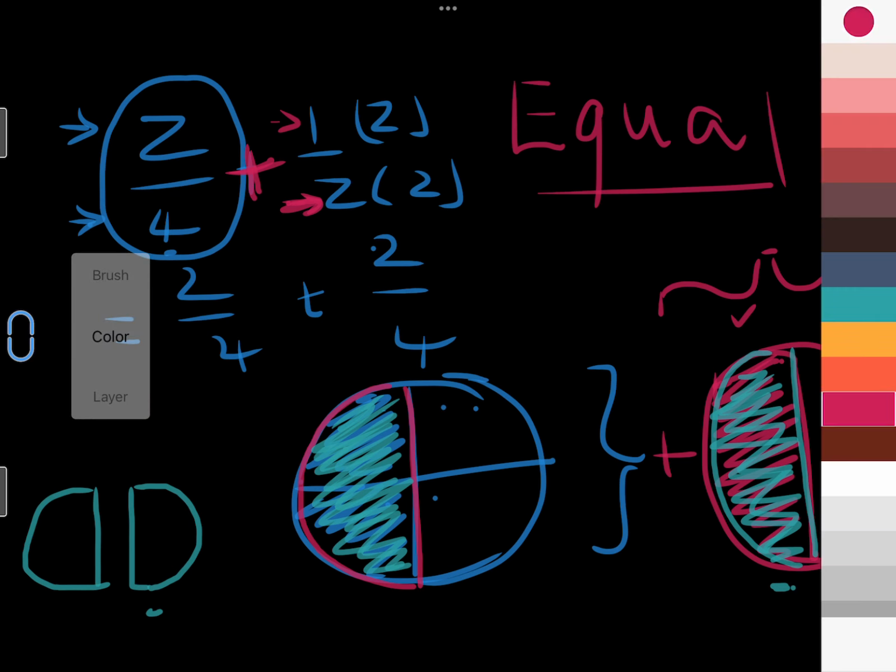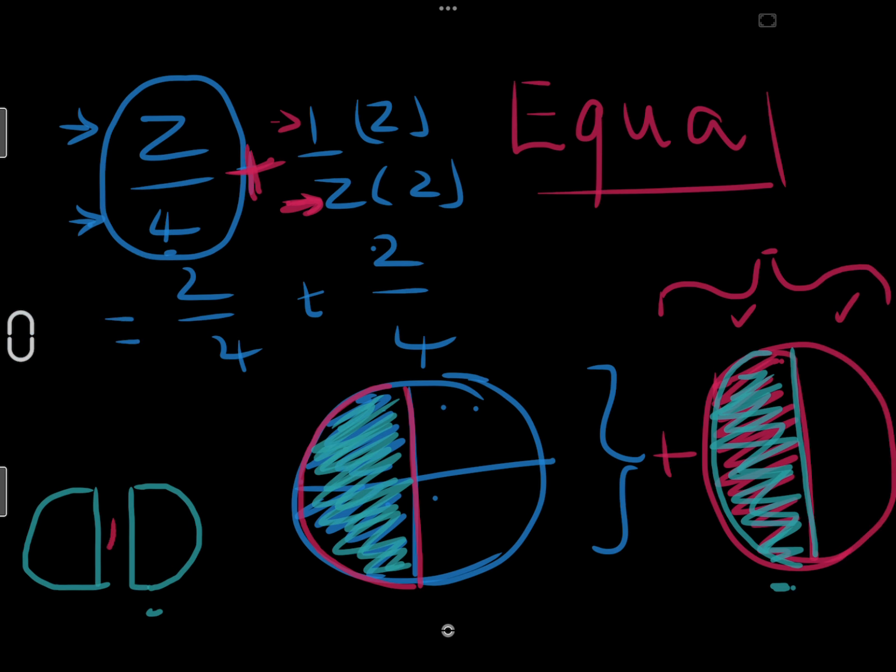If I bring these parts together, I'll put the addition sign. This technically gives me a whole value, or a whole pie.